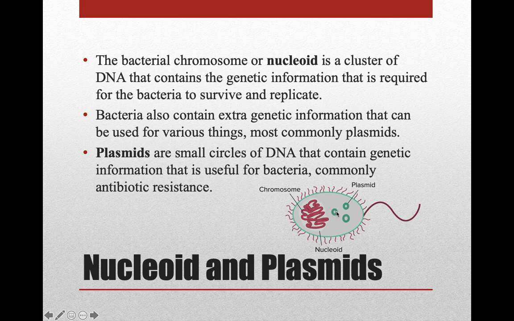This tells you how to make the enzyme that degrades penicillin, penicillinase. This tells you how to be able to survive in a little extra heat. This tells you how to be able to survive in a new type of cell. So plasmids are extra information that allow bacteria to do things. Sometimes they're useful, sometimes they're not.